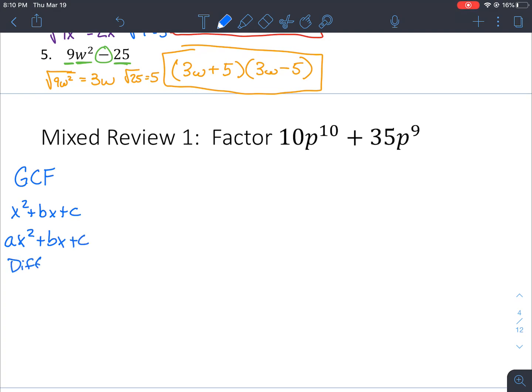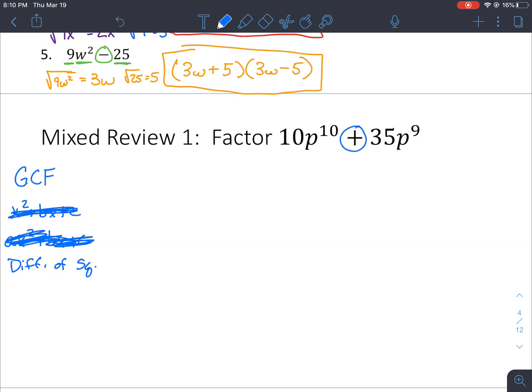Or it could be difference of squares. So one thing I can tell right away is because there's only 2 terms, 10p to the 10th and 35p to the 9th, I know it can't be either of these 2 middle options. There's only 2 terms. So that leaves me with either GCF or difference of squares.